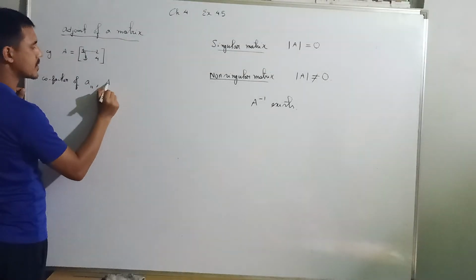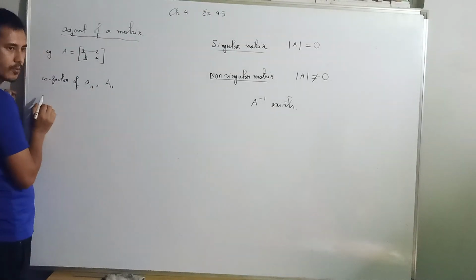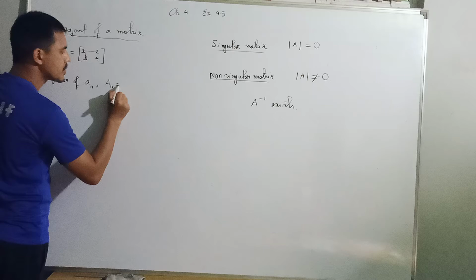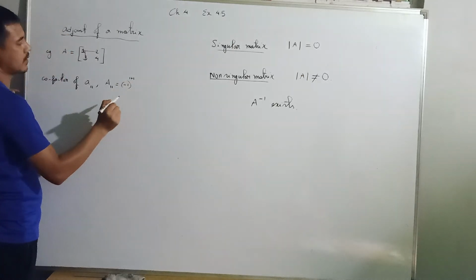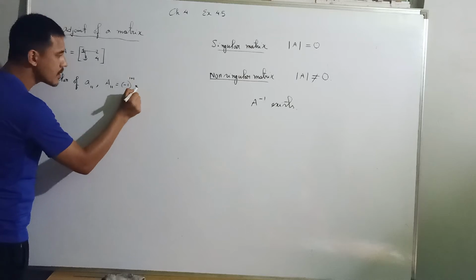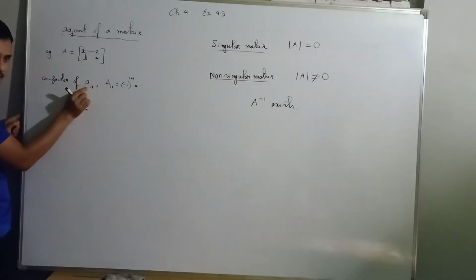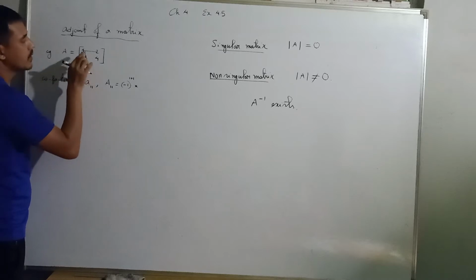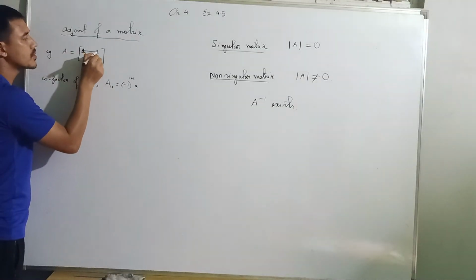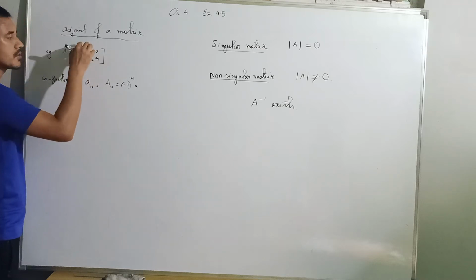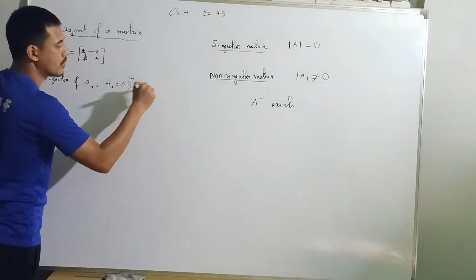The cofactor is represented by capital A. So minus 1 to the power 1 plus 1 times the minor of this element. Minor of this element means you neglect the first row and first column, and we have 4.